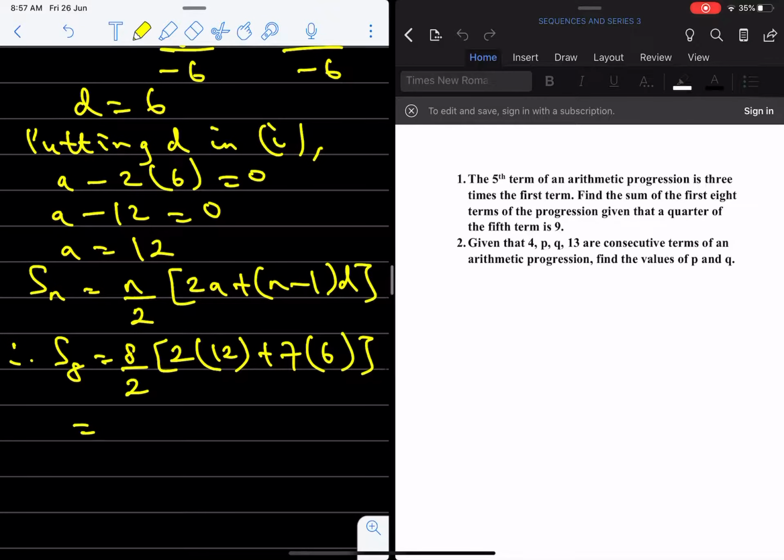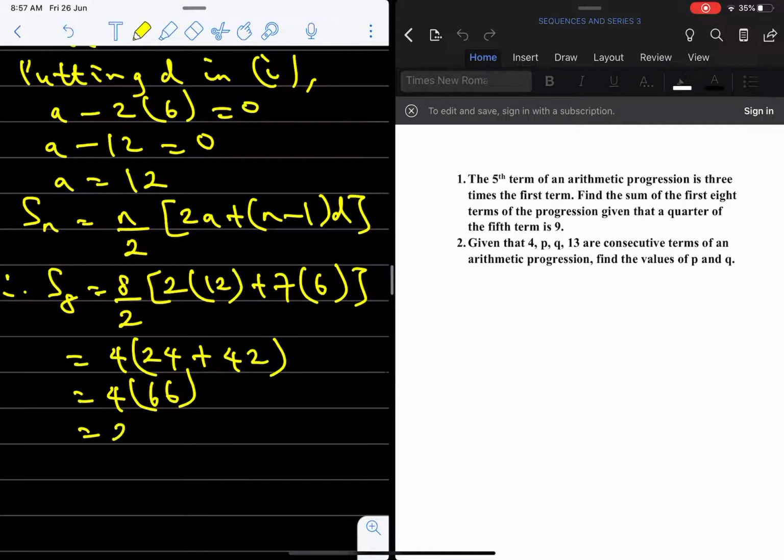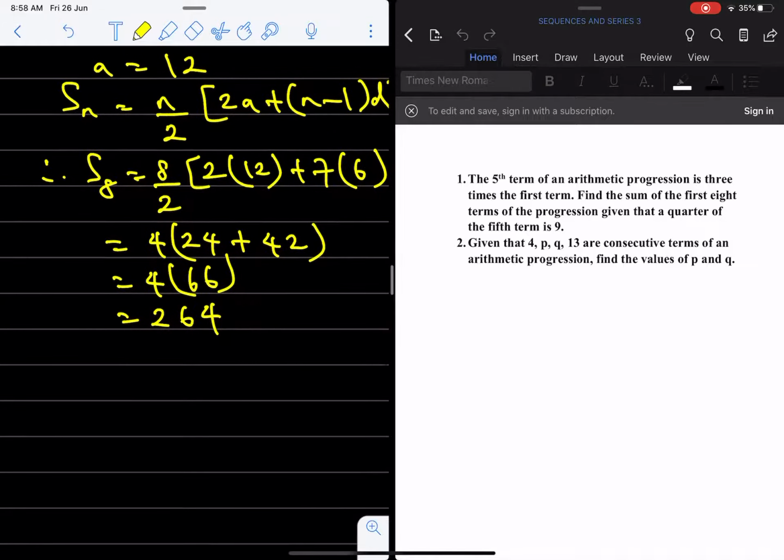And that simply means 4 into bracket 24 plus 42, which is the same as 4 times 66. And that's 240 plus 24. That's 264. Therefore, the sum of the first 8 terms of the sequence is 264.